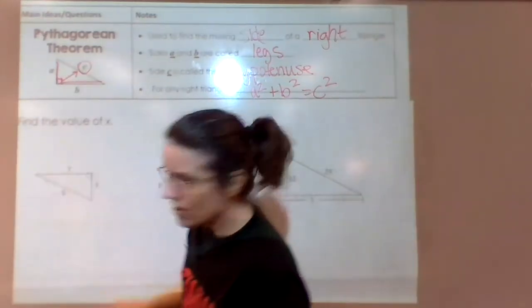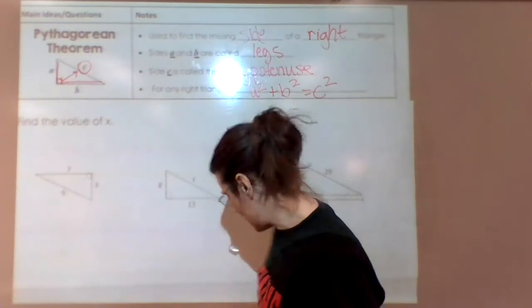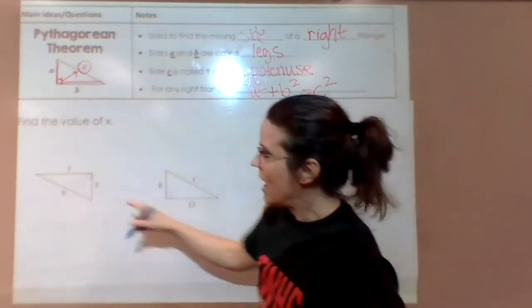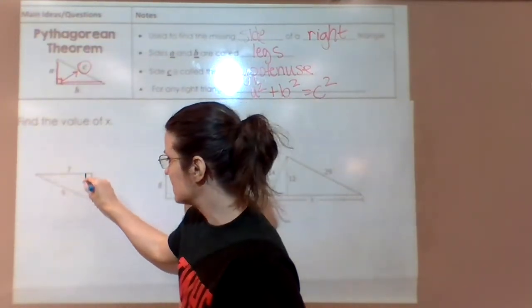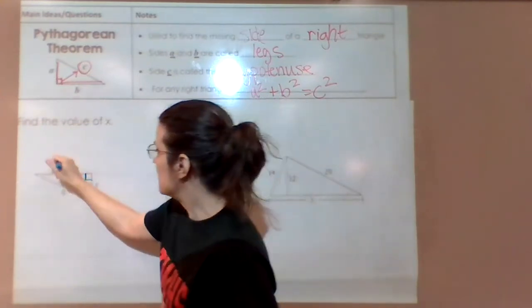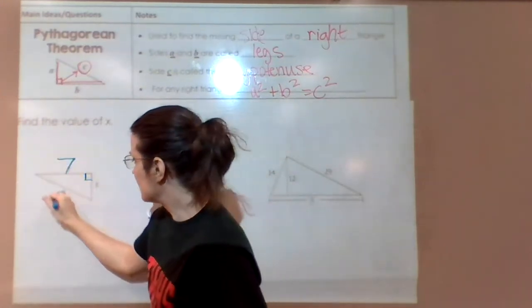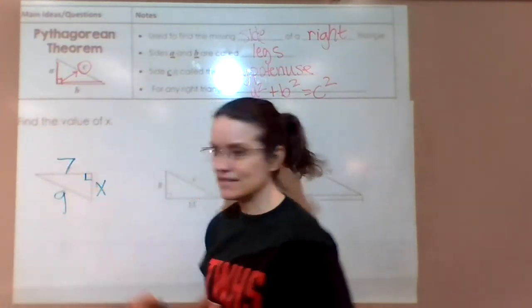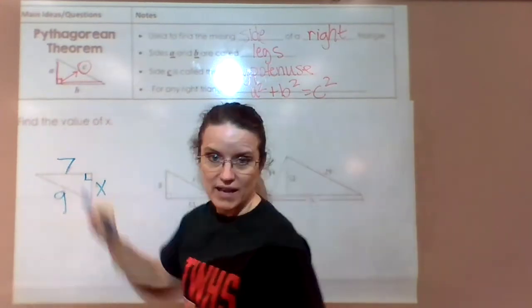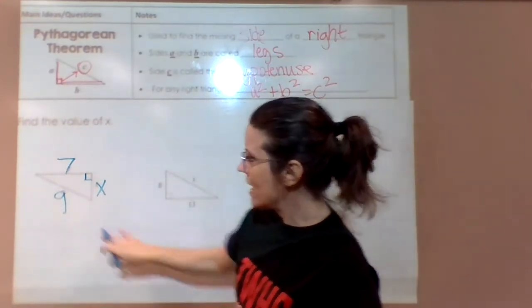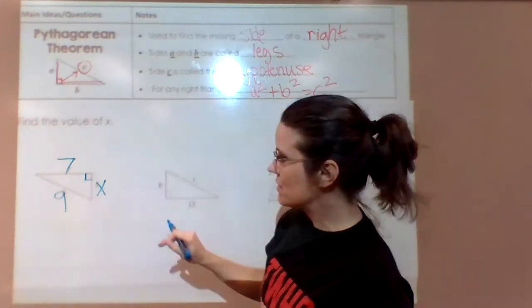So looking down here, I know it's kind of faint, but I'm going to give you the numbers that you can't see. I have a right triangle here. There is a little mark here in the corner. This side is 7, this side is 9, and this side is x. And I want to find x. So I go, okay, I am going to use my Pythagorean theorem.